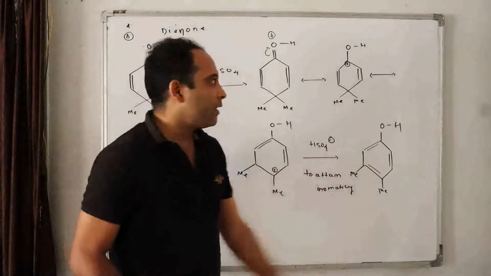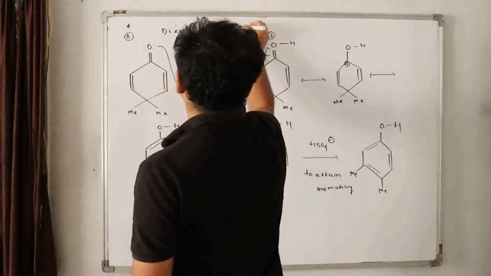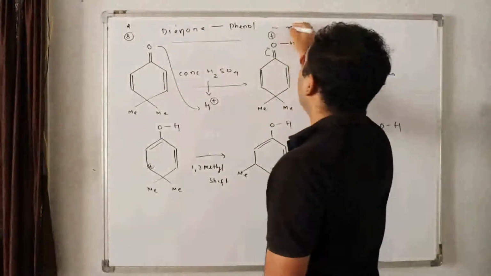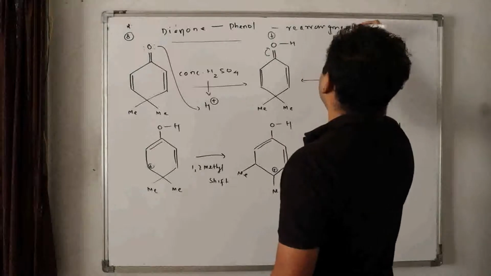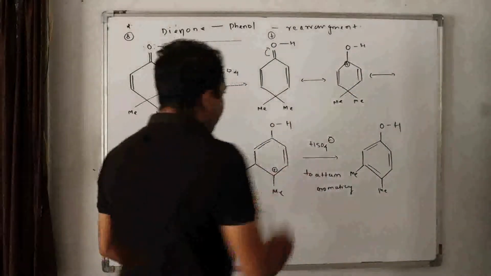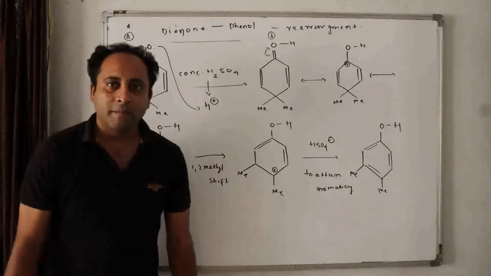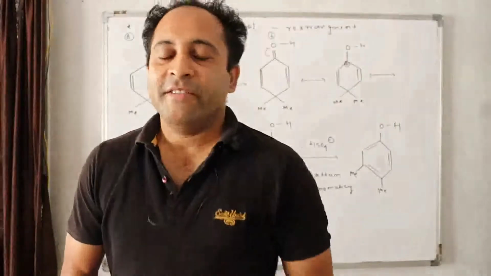Two derivatives of methyls are there. Now, is the dienone converted to phenol? So this is a very famous rearrangement, the dienone phenol rearrangement. It is given by this name in your books, but I made you understand it with this mechanism. Was this mechanism comfortable for you? Did you understand this concept? Say yes or no. Okay, very good.